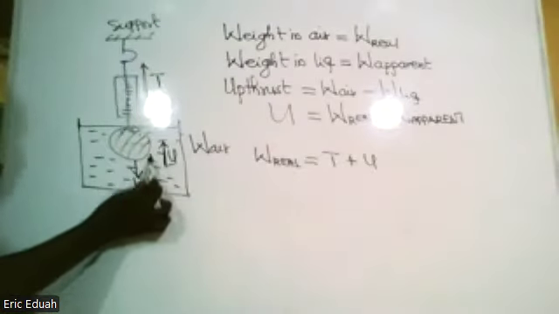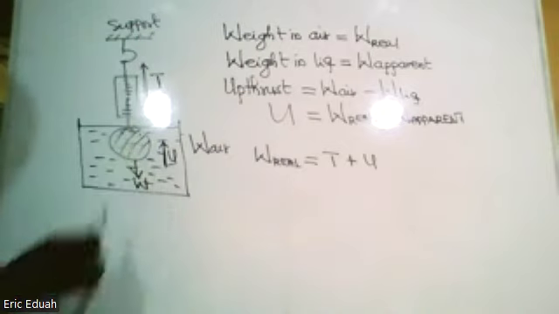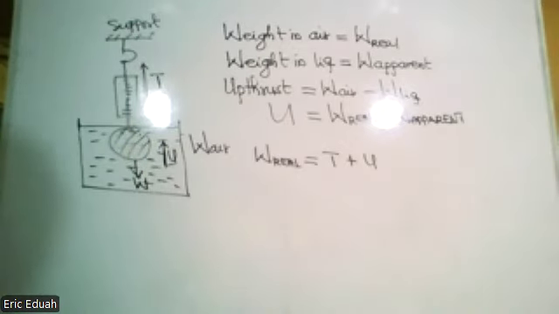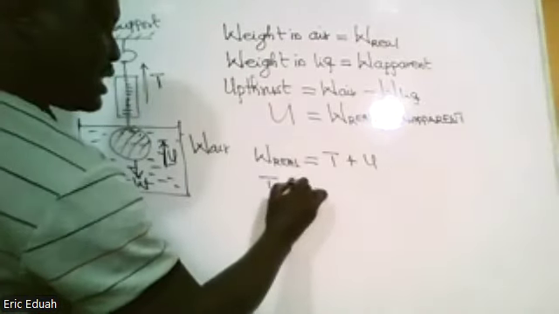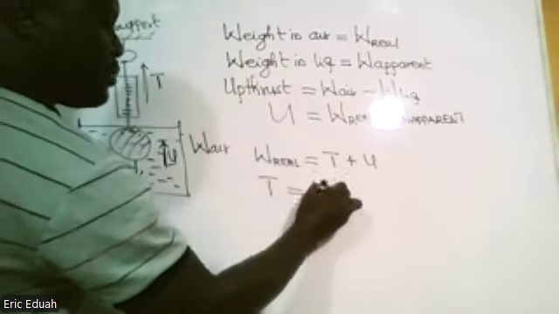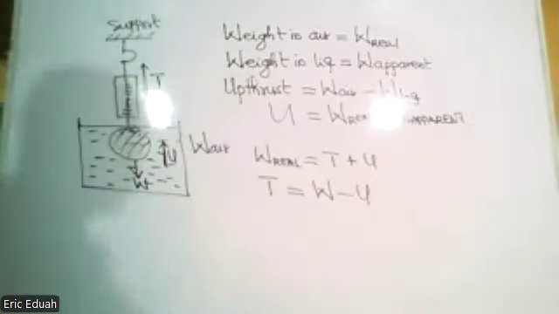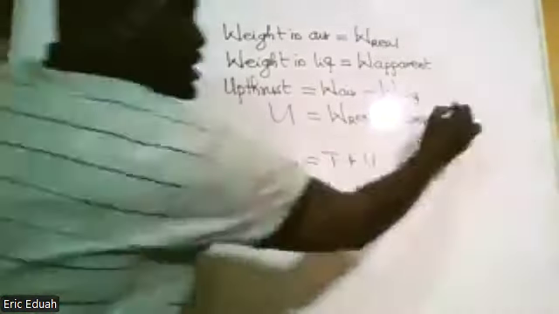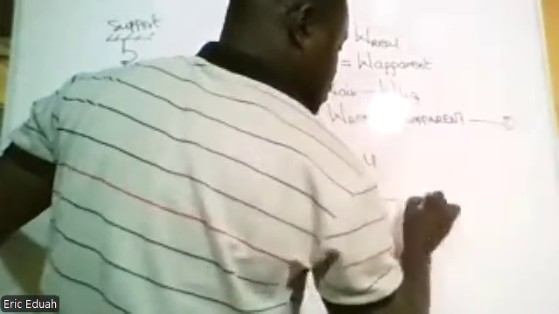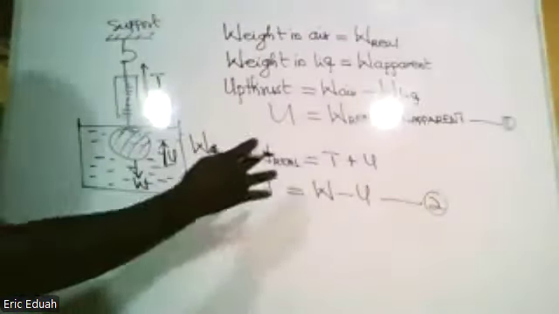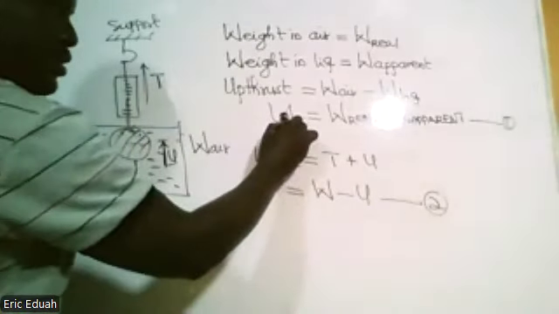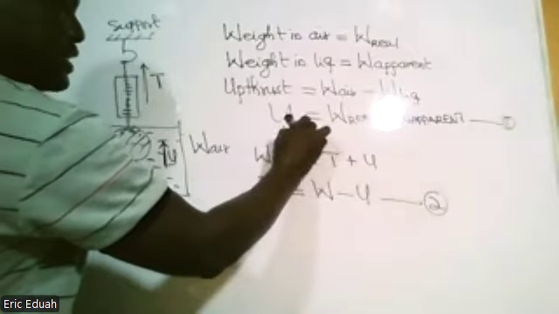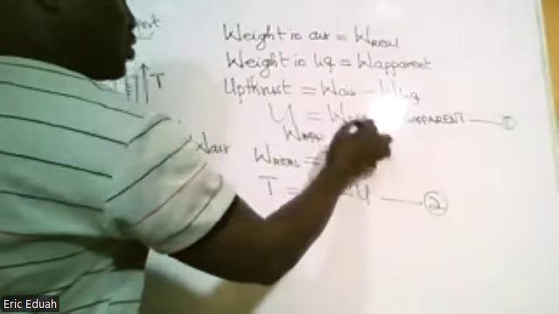Don't forget the upthrust and the tension are in one direction. So when you make T the subject, you have T equals W minus U. This is equation 2. From equation 1, when you make W apparent the subject, it is also equal to the real weight minus upthrust.